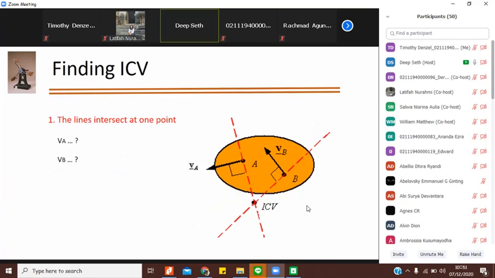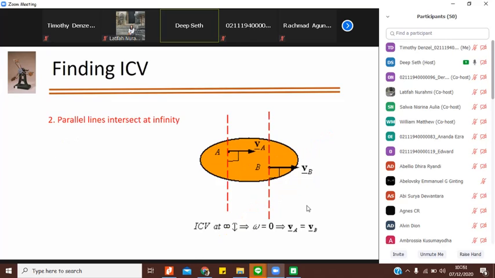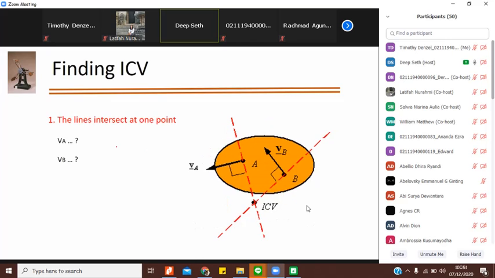Okay. Now, if you have 2 points from the same body and they are rotating, you will have an instantaneous center of rotation about which the whole body is rotating. And for each point, the perpendicular will be passing from the same instantaneous center of velocity. Okay, so the lines intersect at one point, and from there you can find RA and RB. Okay, so what will be VA and what will be VB? So VA will be simple. Let's say this whole body is rotating with angular velocity omega.